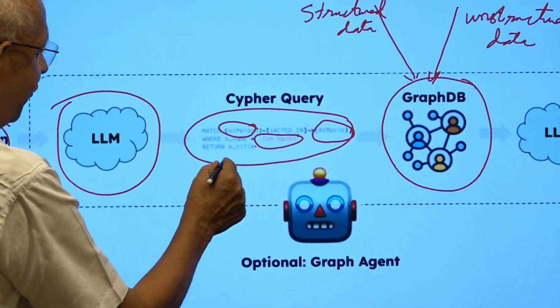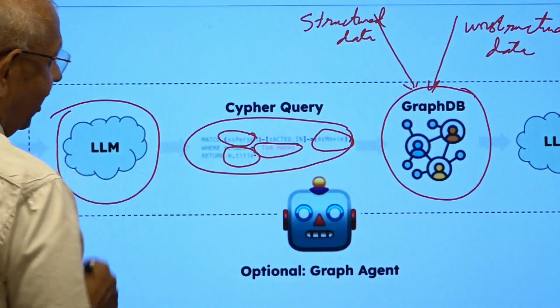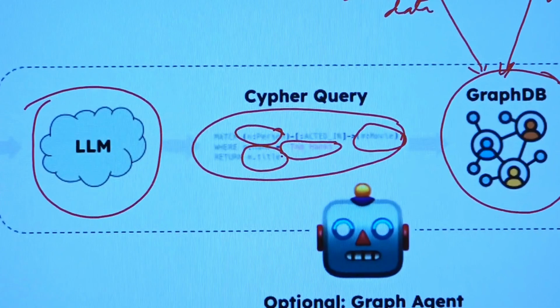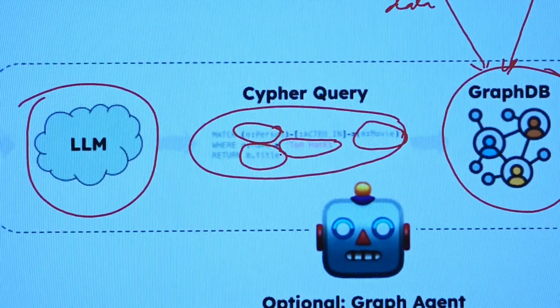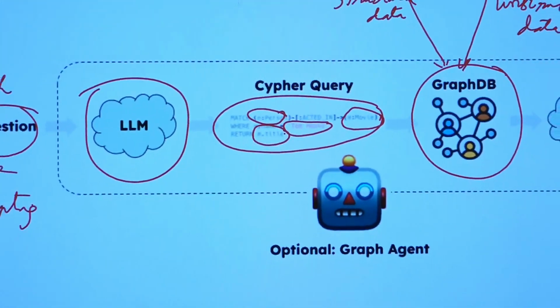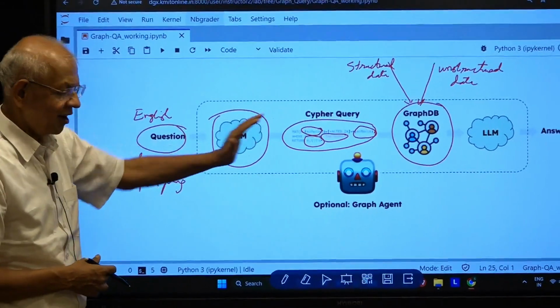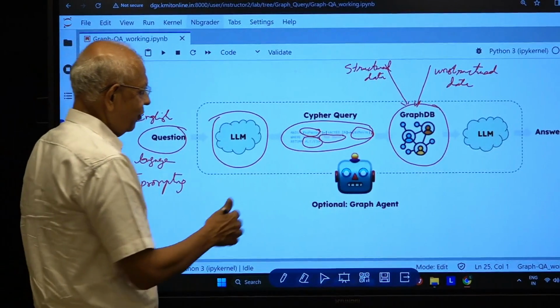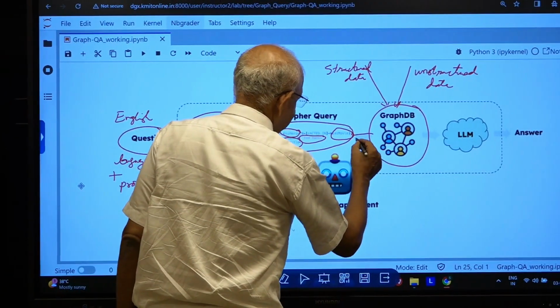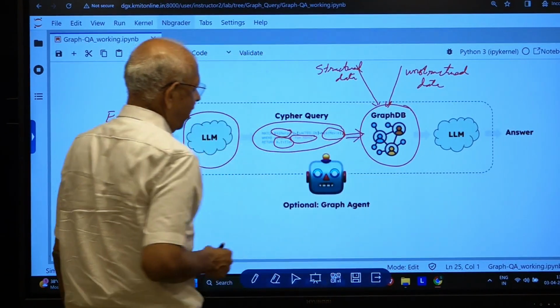For all those movies we want to return the title. Anyway, that is not so important. You can think of it as a question that has been translated by the LLM, with adequate prompting, into a Cypher query. Now that Cypher query can be used in conjunction with the graph database.